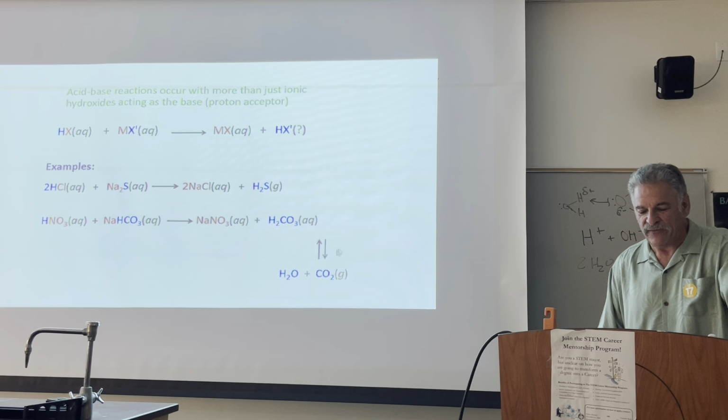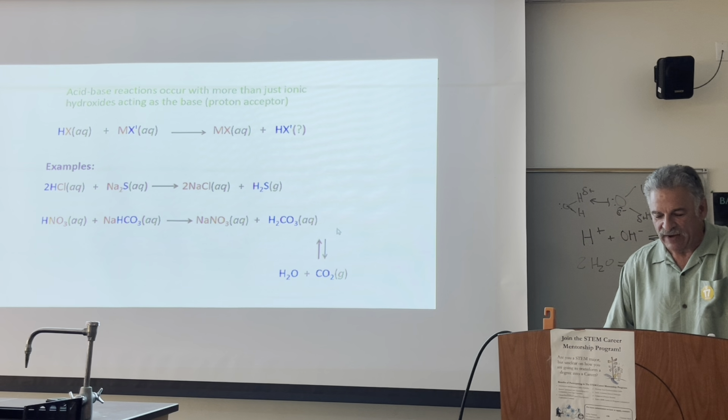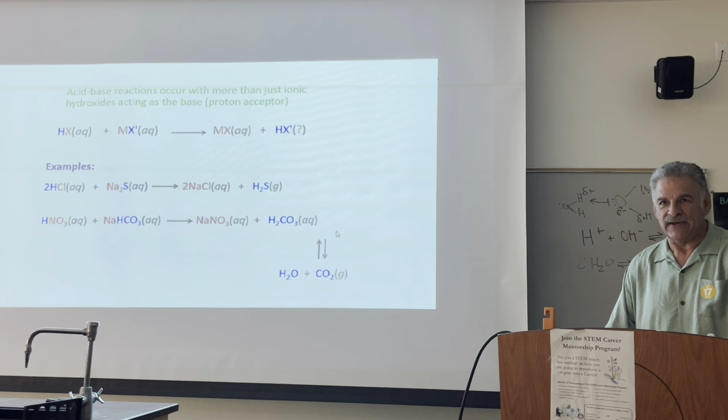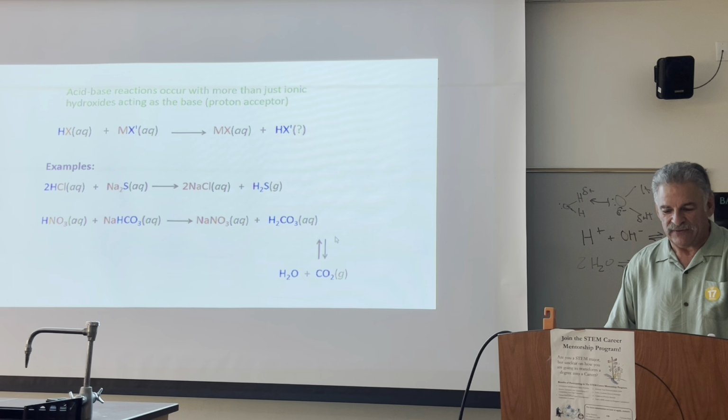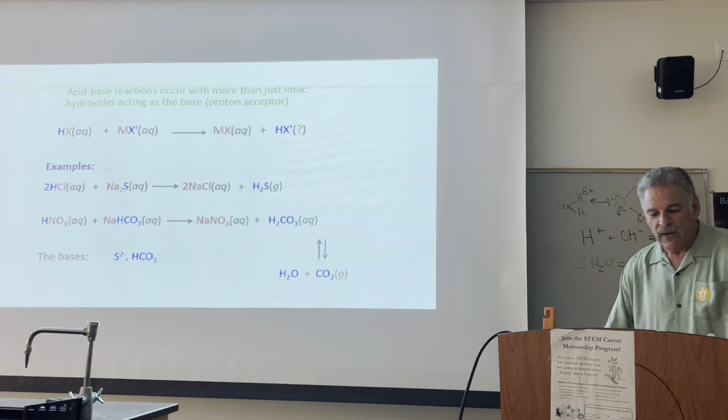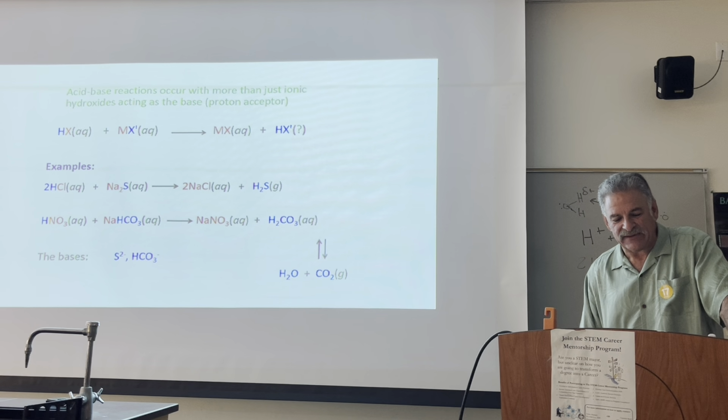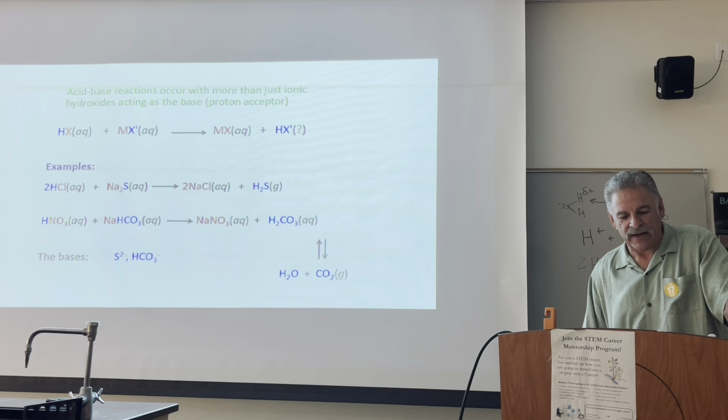So when nature forms carbonic acid, it's also giving off CO2 gas. Lots of things in nature make CO2, and trees eat it up, and plants eat it up. Humans not so much. So sulfur 2- and bicarbonate are the bases in this case. So be able to recognize that.